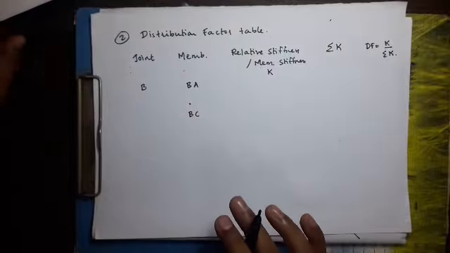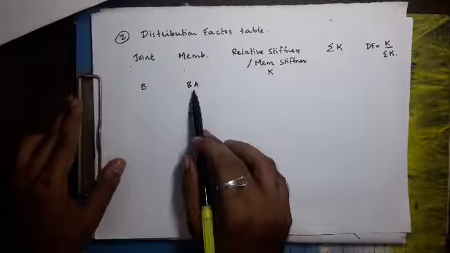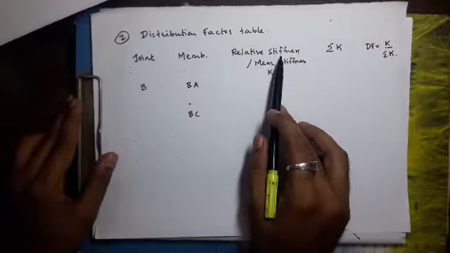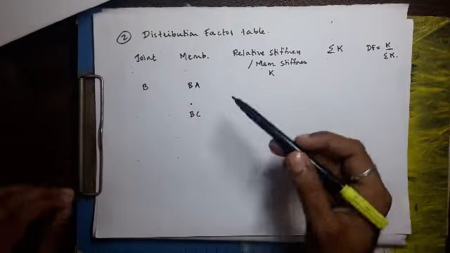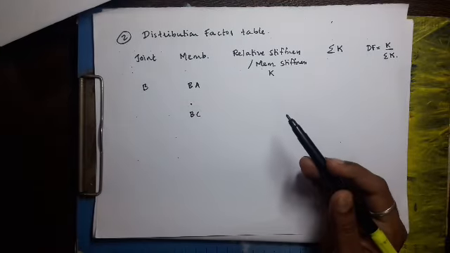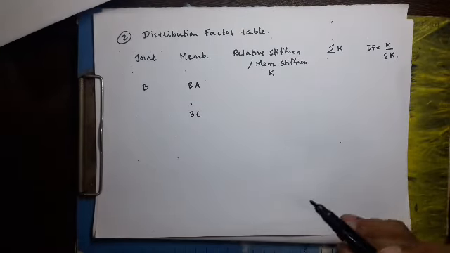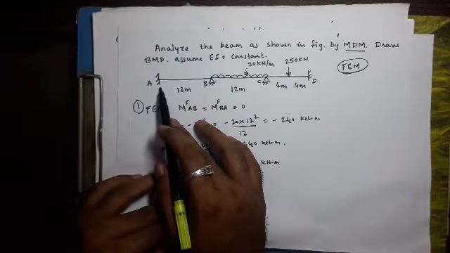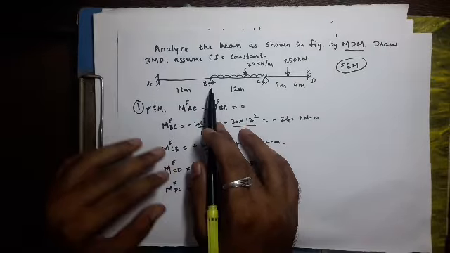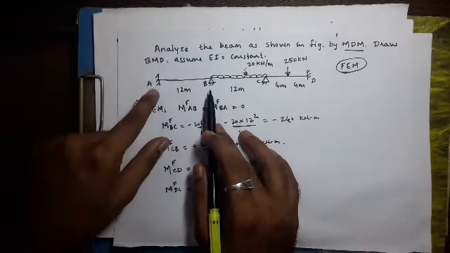BC. Okay, for BA find relative stiffness or member stiffness factor for BA. So whenever you are calculating member stiffness factor, you have to see what is the support condition of the far end. You see again, BA, you need to see what is the support condition of the far end.